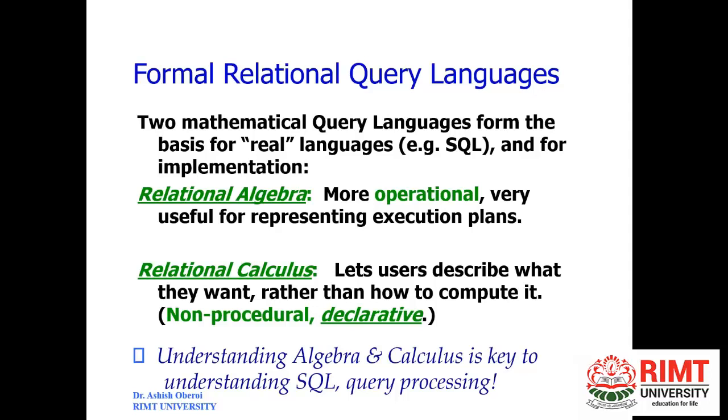So one is TRC, tuple relational calculus, and the other is DRC, domain relational calculus, which deals with the domain, where we are specific to some columns. Clear? So tuple deals with the records or the tuples or the rows, whereas domain deals with the columns, the fields. Clear?